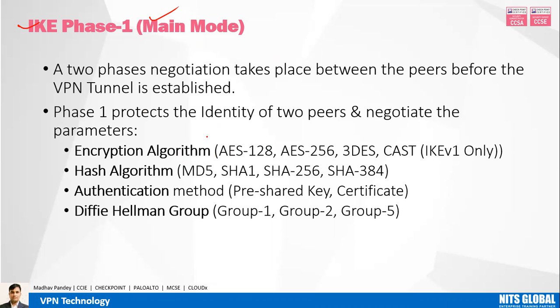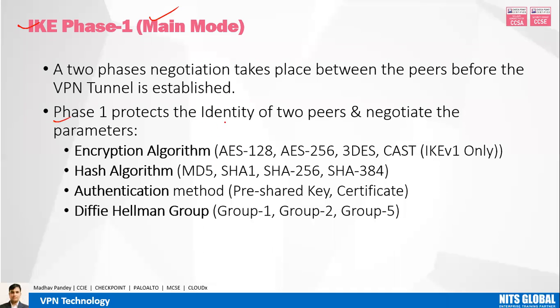So before two peers, meaning two routers or two firewalls at two different ends, build a VPN tunnel, there is a certain negotiation. What negotiation does it do?